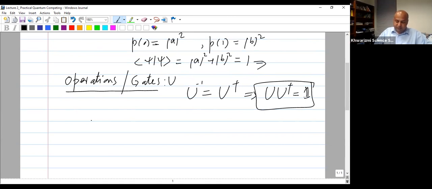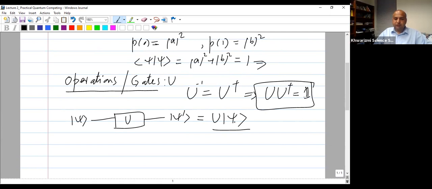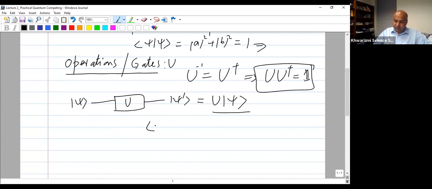For example, if there is some qubit which is in state psi, and we perform some unitary operation or gate U, and it goes to some state psi prime, which is symbolically written as U operated on psi, or you can think in terms of gates that U psi means that psi has passed through gate U. If I want to compute the magnitude of this psi prime, I have to multiply the psi prime ket with the psi prime bra, and the bra psi is nothing but the complex conjugate of the psi ket, and let's multiply it with this.